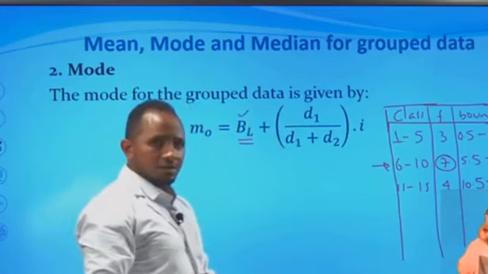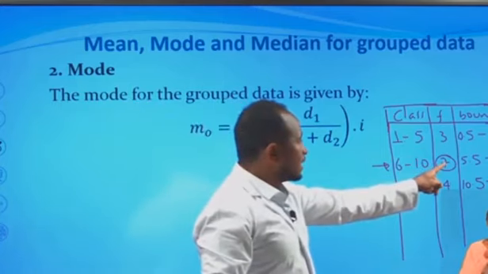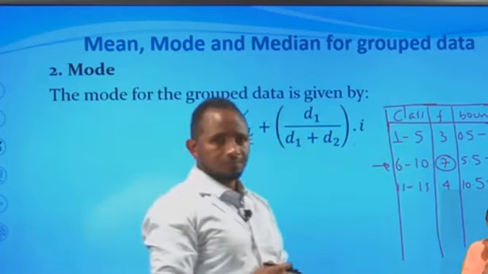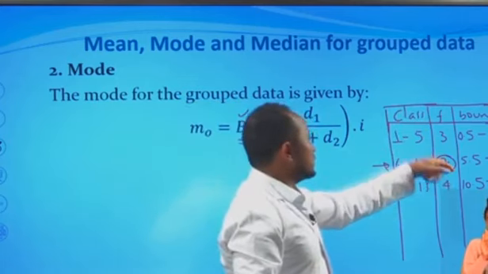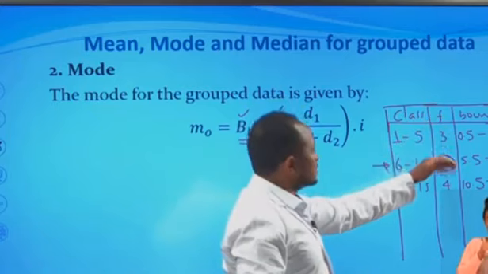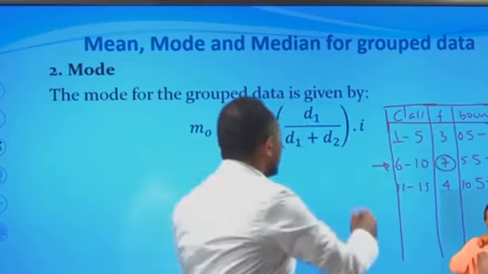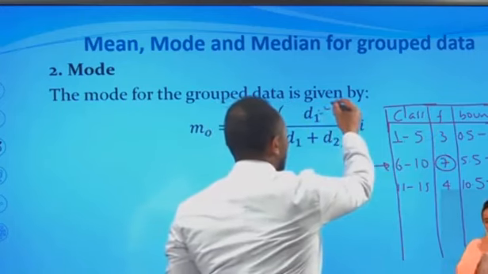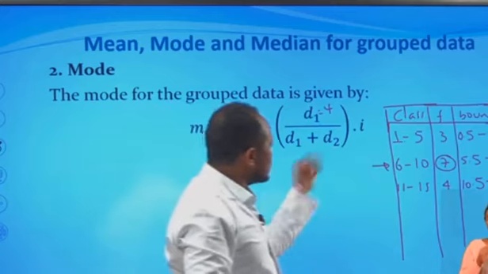D1 means the difference between the frequency of the modal class and the preceding class. So we have 7 here, and the frequency in the preceding class is 3. So the difference is 4. So D1 is 4.